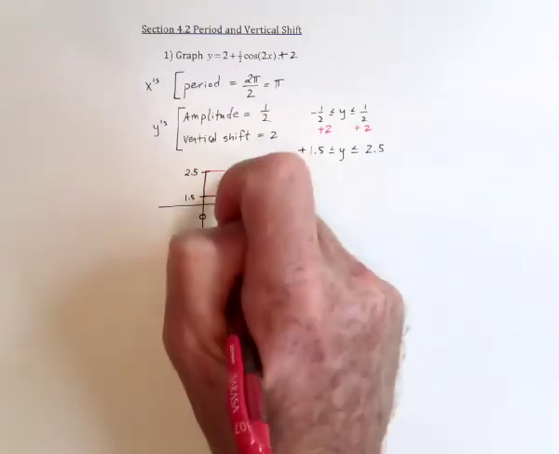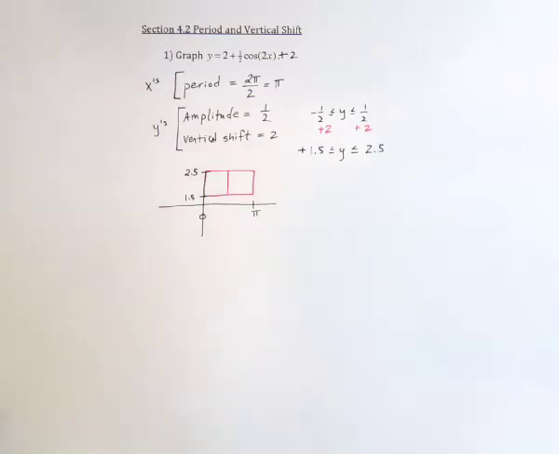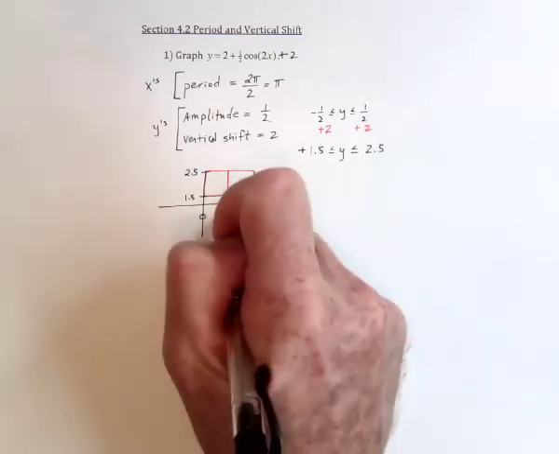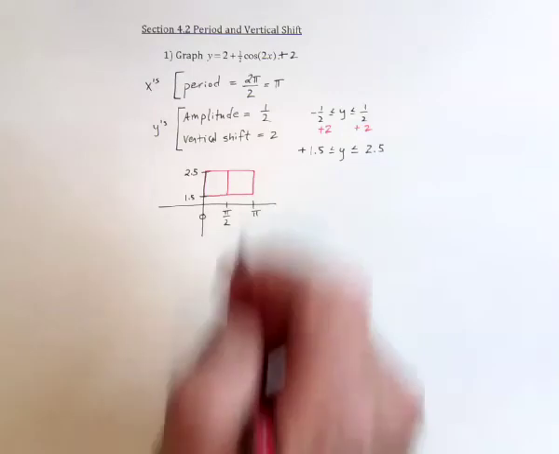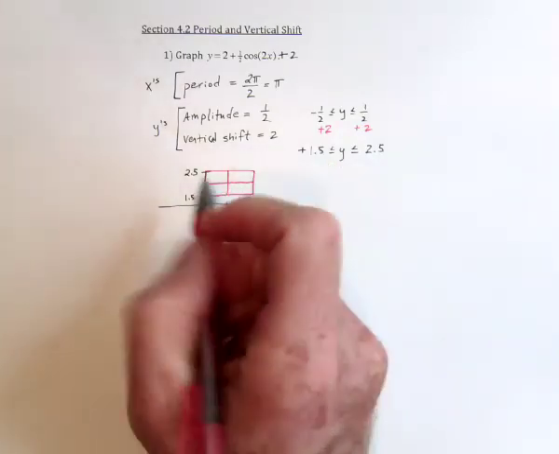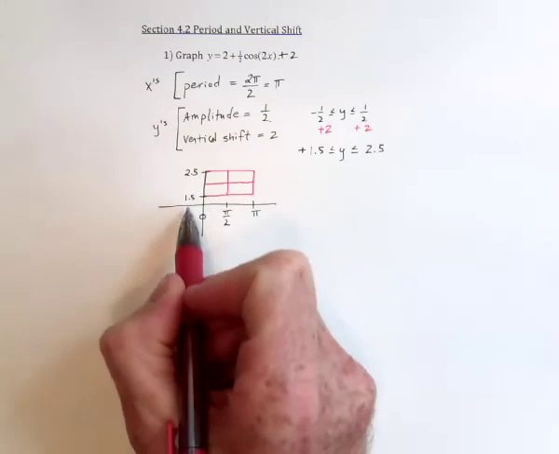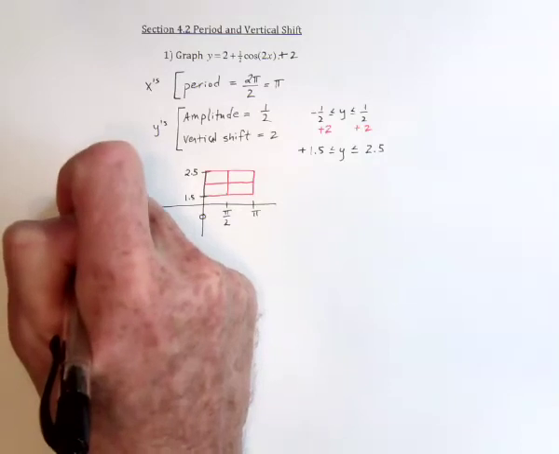And then it makes it easier if you cut the box in half this way, which would be at pi over 2. And cut the box in half this way, in which case we need to know what's in the middle of a 2.5 and a 1.5. So you can just average those.